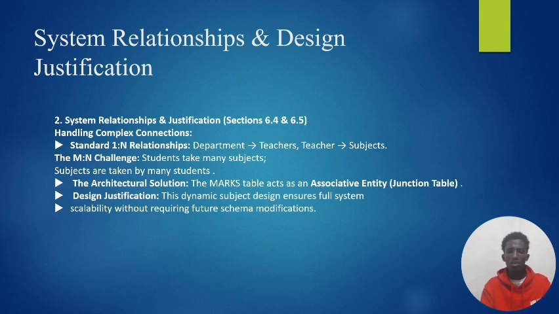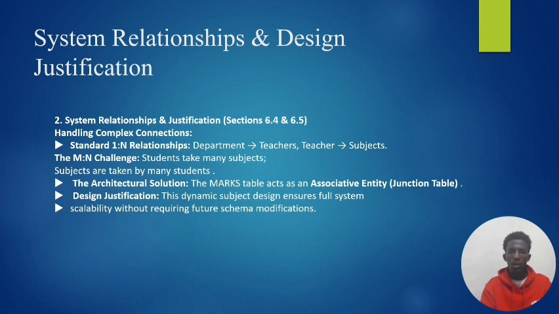When we see sections 6.4 and 6.5 from our project document, the relationships and our design justification, it establishes the basic one-to-many relationship and the many-to-many relationship. The one-to-many relationship is simple, for example, one department manages many teachers and related others.